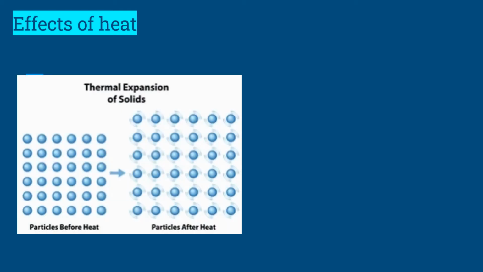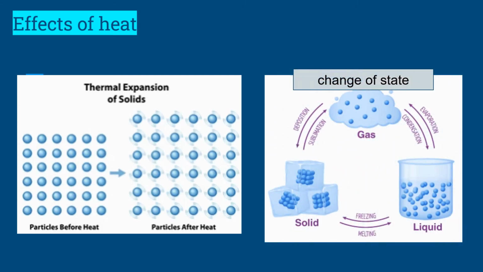Let us look at the effects of heat. Effects of heat are of two kinds. First, solids or liquids or gas, any substance expands when it is heated. So this is thermal expansion of solids that is shown over here. Before heating, the particles are pretty close to each other, and after heating they move away from each other. So because of heat, substances expand. Apart from this, we can also observe change of state.